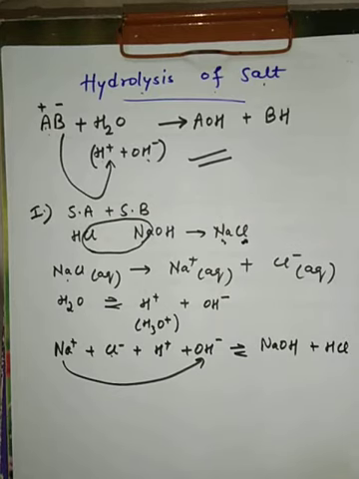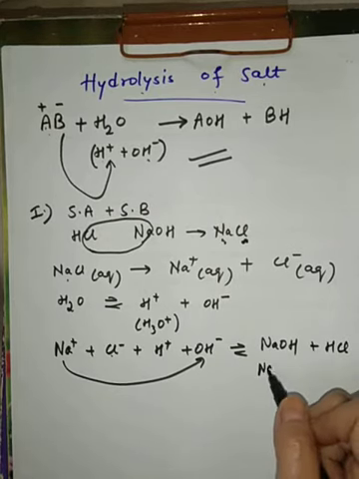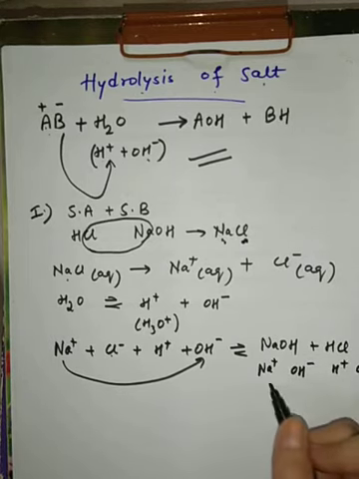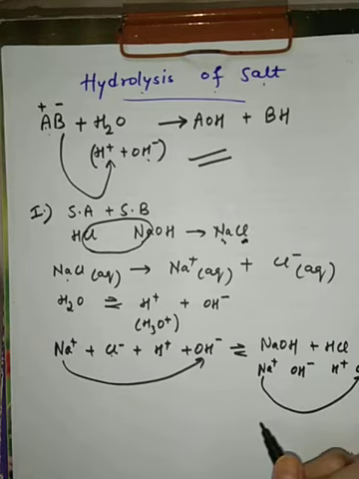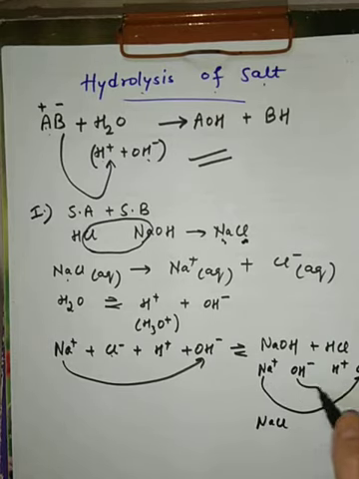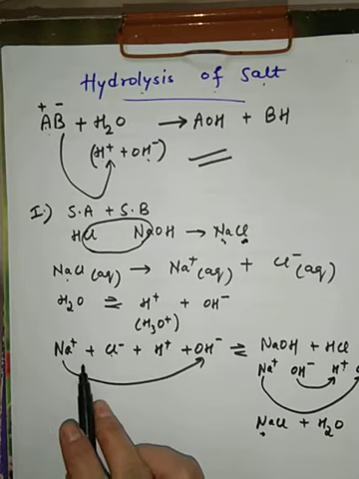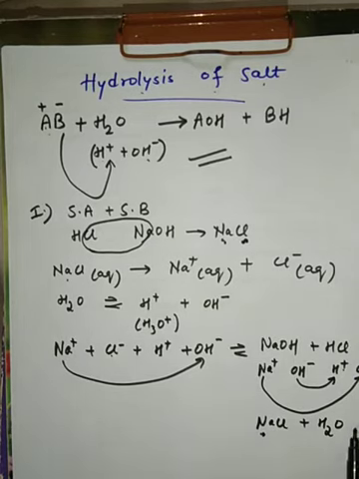So the possible products are Na plus OH minus, H plus Cl minus. And these two will combine to give you NaCl. This has high affinity for H plus, it will combine to form water. The possible products are same as that of the reactants, that is NaCl and H2O.